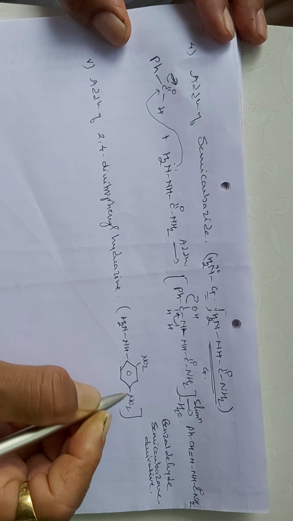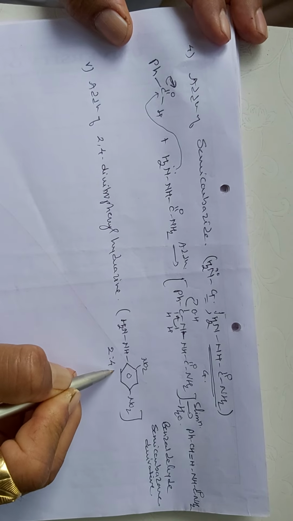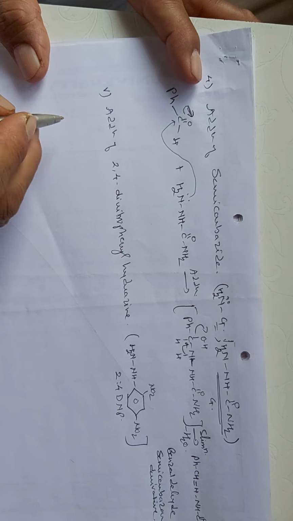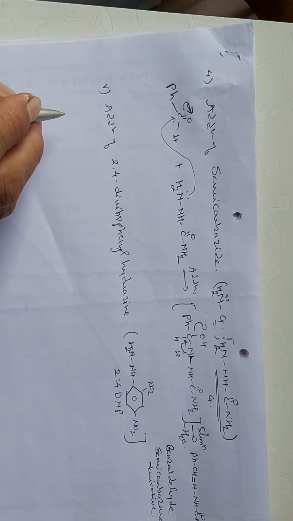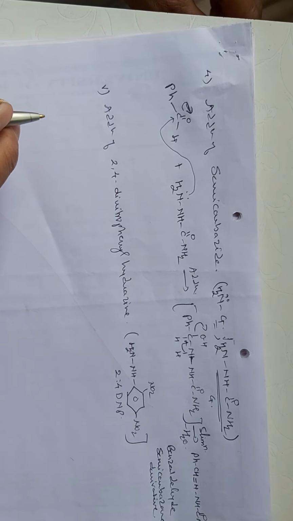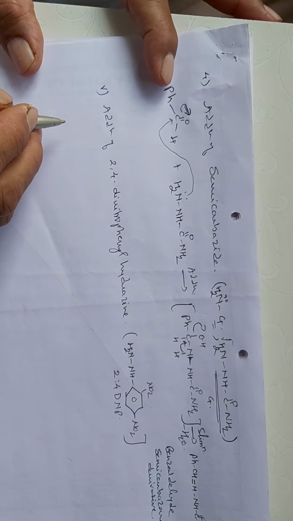So this molecule is called 2,4-dinitrophenylhydrazine, or in short 2,4-DNP. This also reacts with the aldehydes and ketones and gives the formation of the 2,4-dinitrophenylhydrazone derivative.